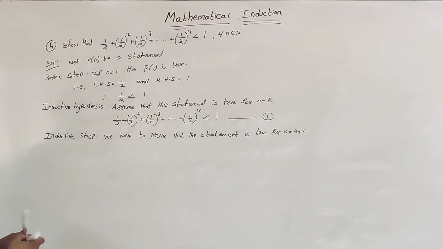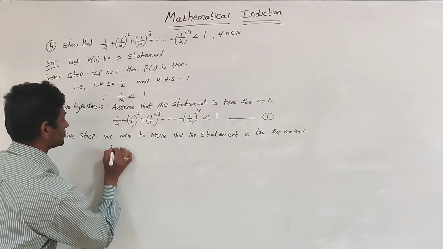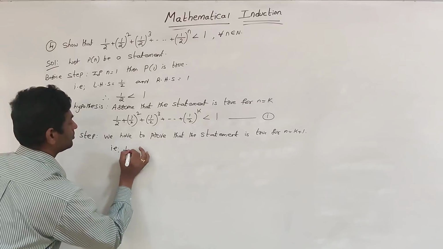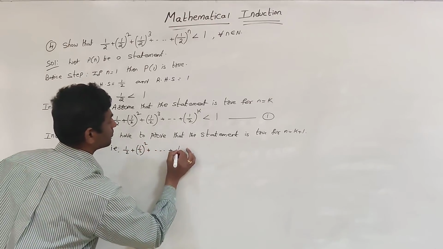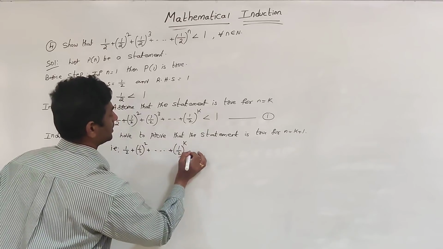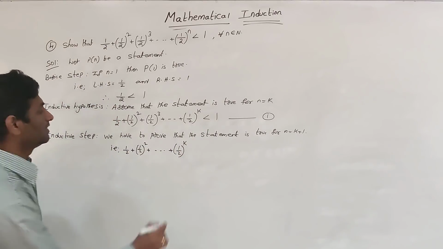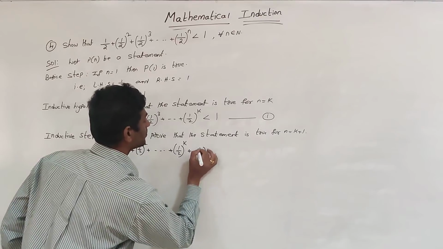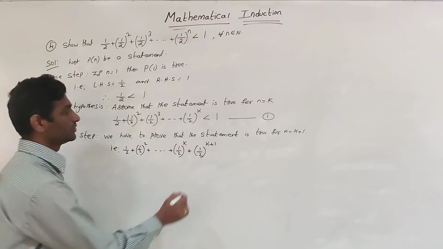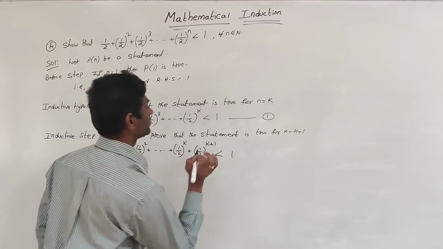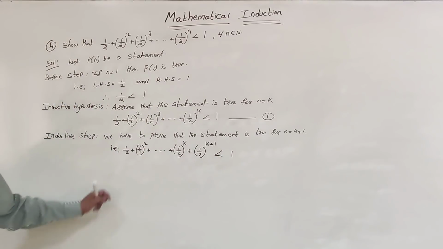That is, 1 by 2 plus 1 by 2 whole square plus so on plus 1 by 2 whole to the power of k is our kth term. The next term will be 1 by 2 whole to the power of k plus 1, and this value should also be less than 1. Now let us take the LHS.